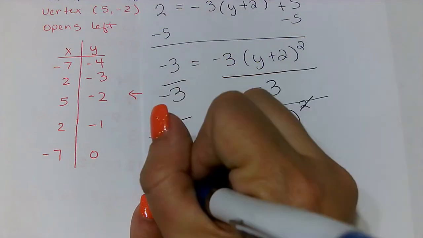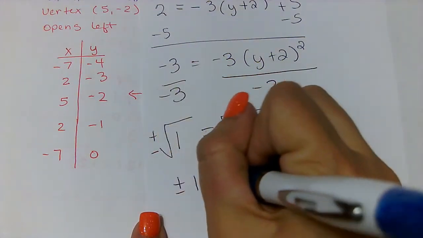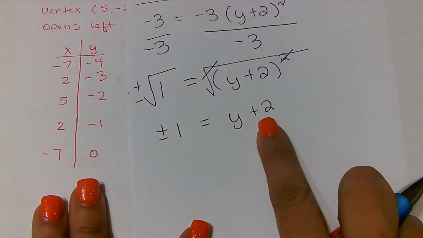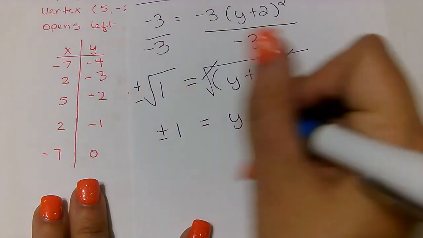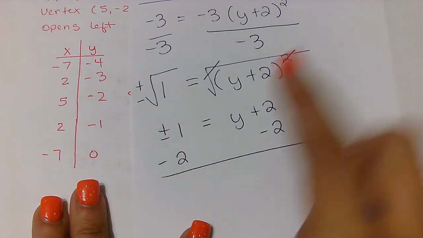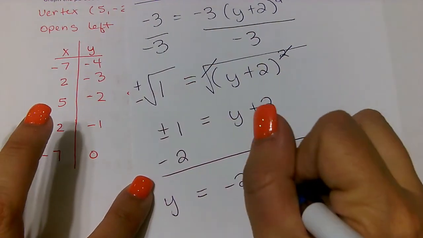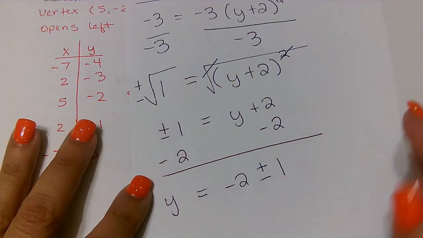The square and the square root will cancel out. So now I'm left with plus or minus 1 is equal to y + 2. Next thing I'm going to do is go ahead and subtract 2 from both sides. You're going to get y is equal to -2 plus or minus 1.